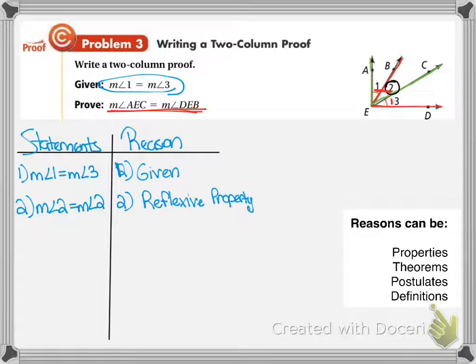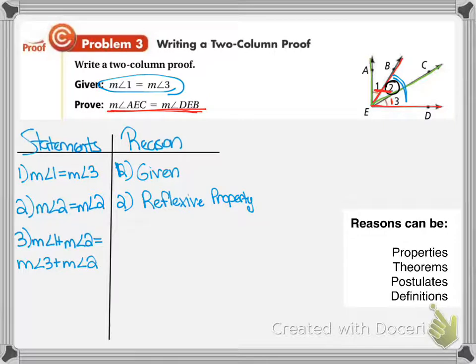For my third statement, the measure of angle 1 plus the measure of angle 2 equals, well, it's got to equal the measure of angle 3 plus the measure of angle 2, right?